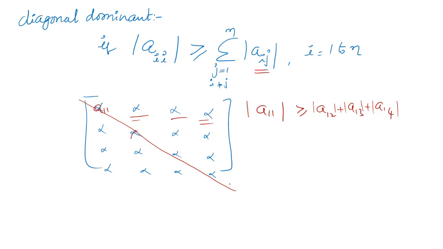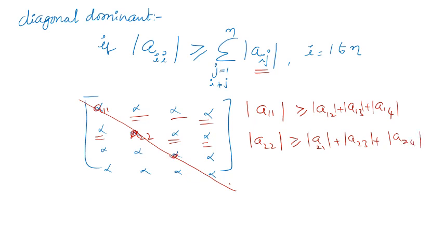Similarly, in the second row, this is the a22 position. Modulus of a22 must be greater than or equal to modulus of a21 plus modulus of a23 plus modulus of a24.